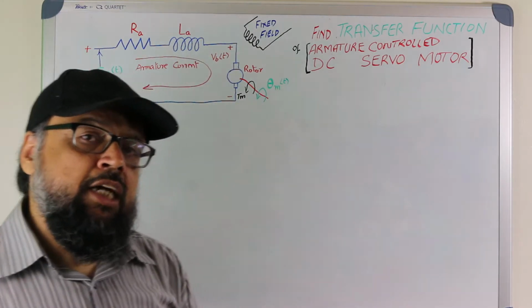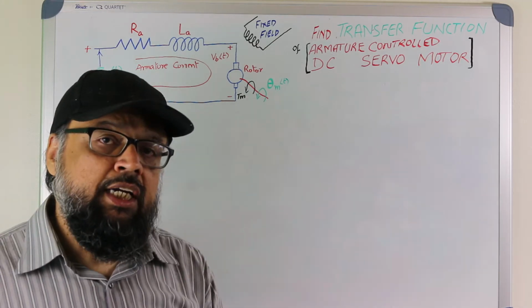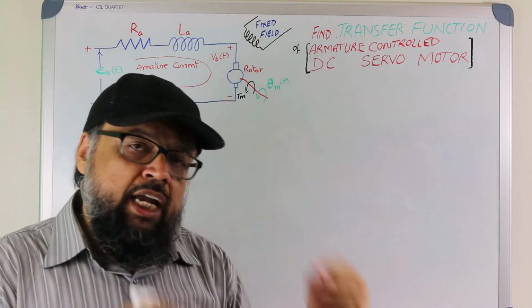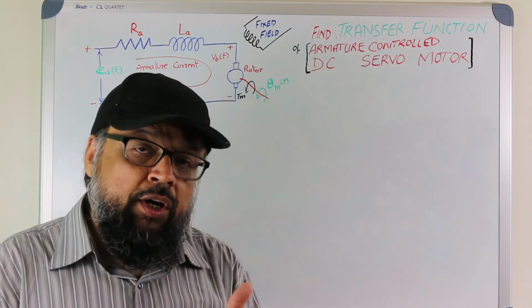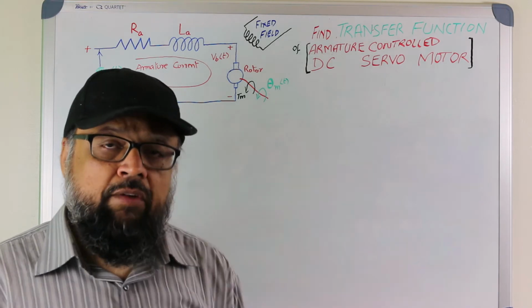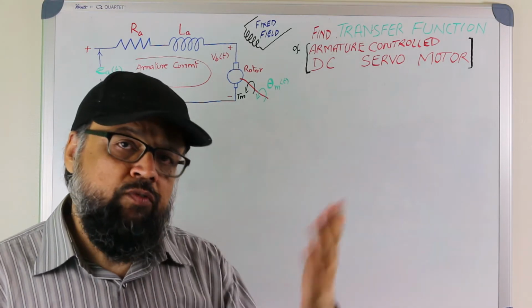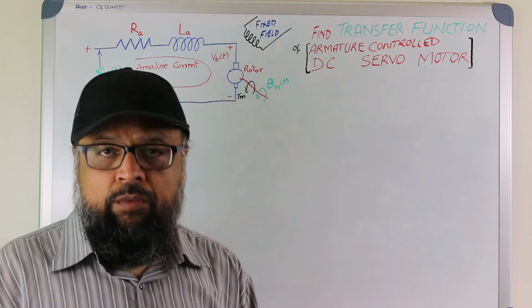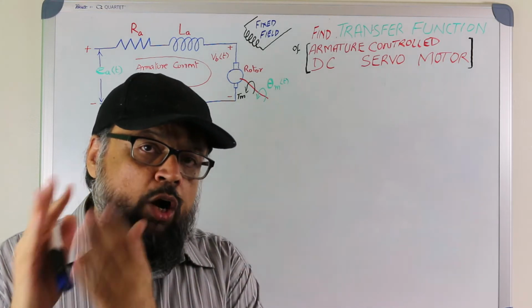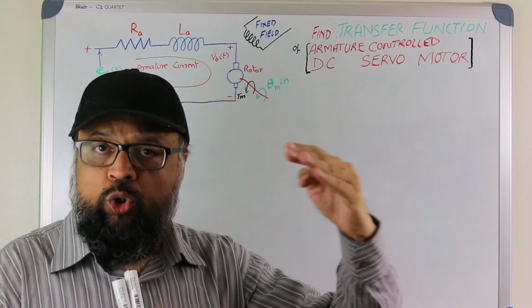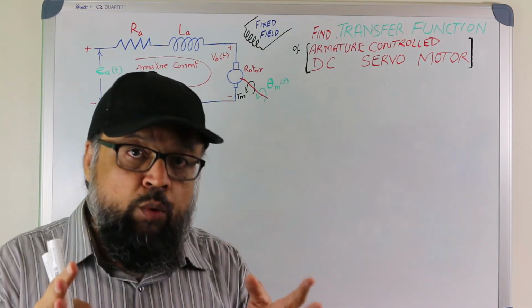Now, transfer function is basically the ratio of the output to the input of the component in the S domain. As I have mentioned already in my previous video when we derived the transfer function of the spring mass damper system, you can take any variable as an output and any variable as an input and find the relationship between those two in the S domain.